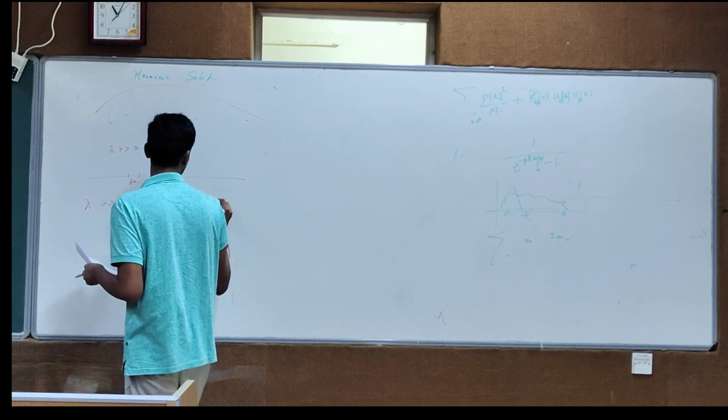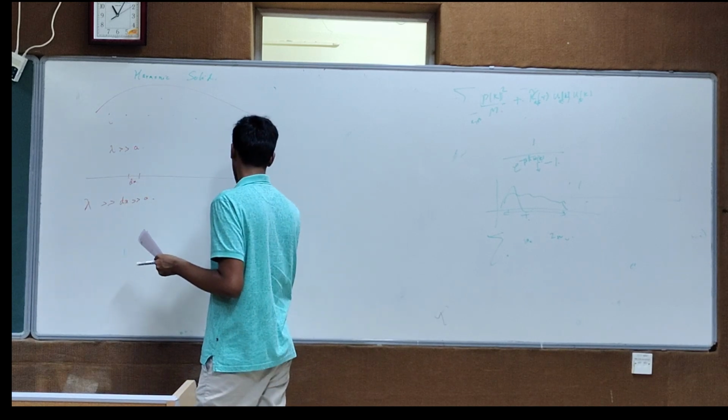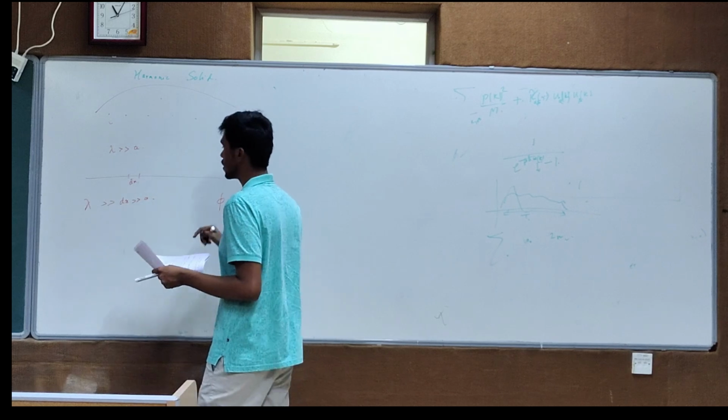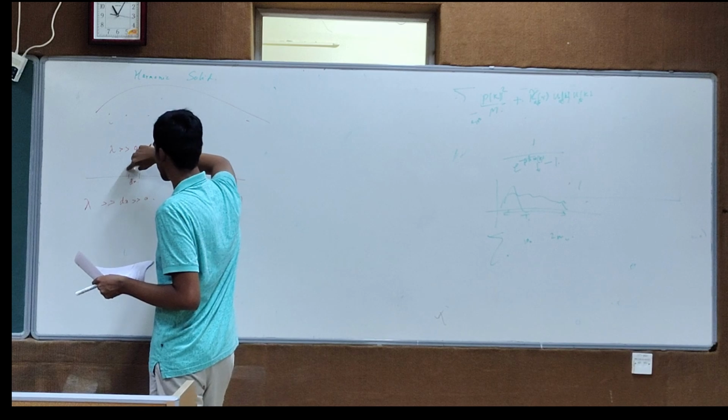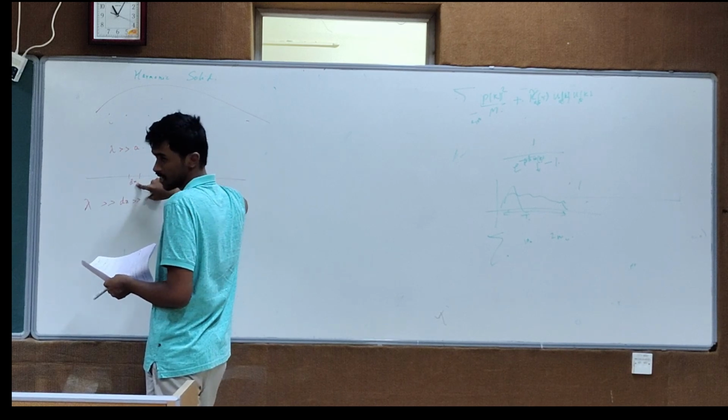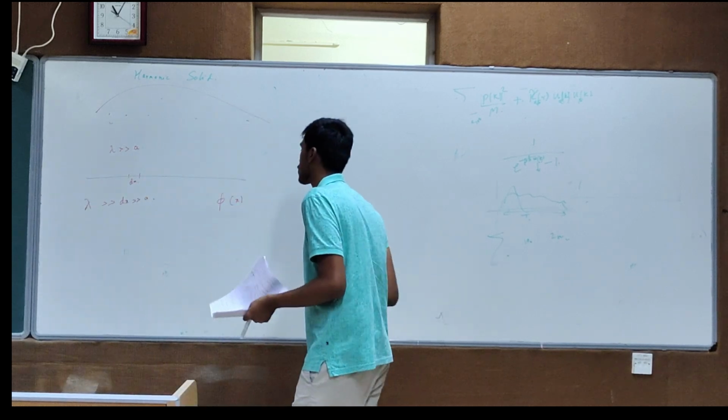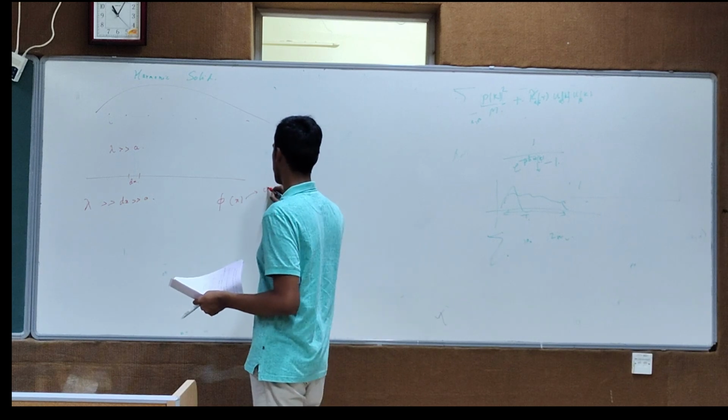Now we define a field, phi of x, which is the displacement at each x, and we are assuming that the displacement does not vary much within this dx. This is called coarse graining.